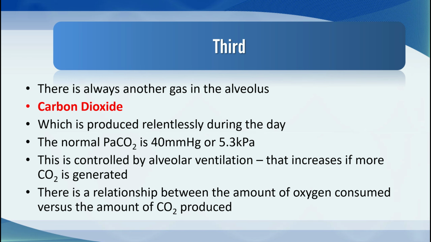Importantly, that CO2 is kept more or less locked at that level, and the CO2 in arterial blood mirrors the CO2 in alveolar gas. There is a relationship between the amount of oxygen consumed versus the amount of CO2 produced.